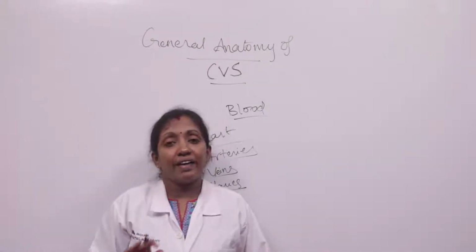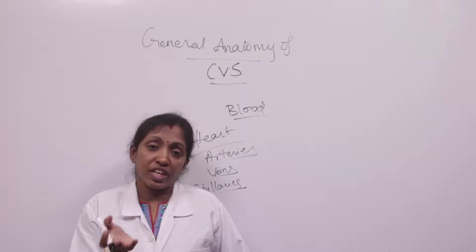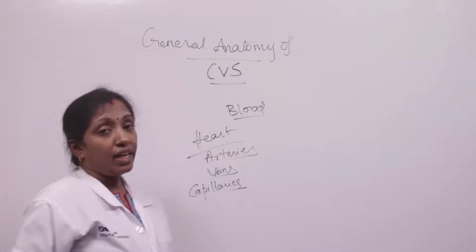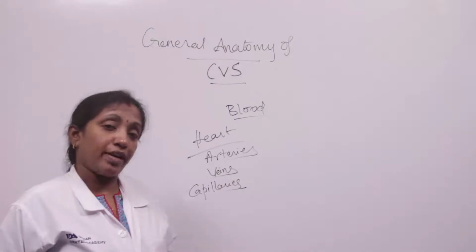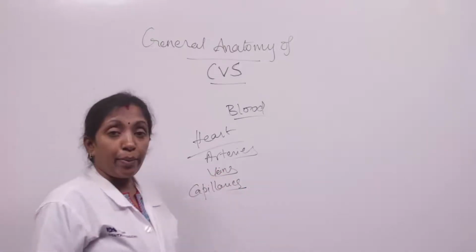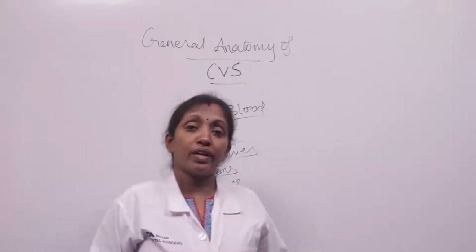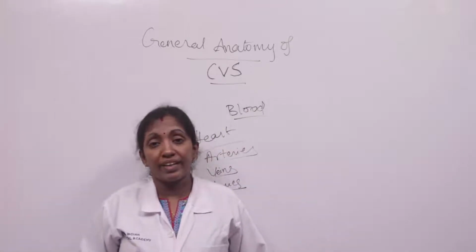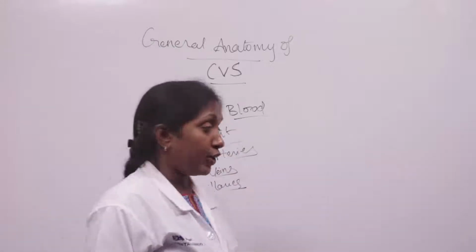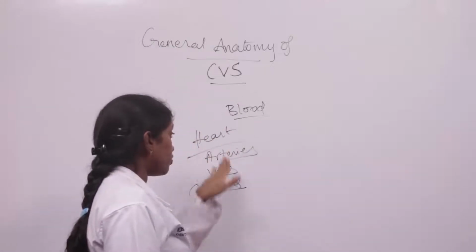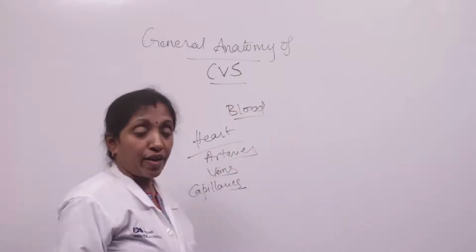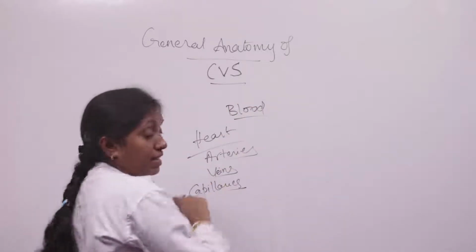The veins are the tributaries which collect the deoxygenated blood and waste products and carry them to the heart. And capillaries are the microscopic network of vessels between the arterioles and the venules. These are the contents of the cardiovascular system.